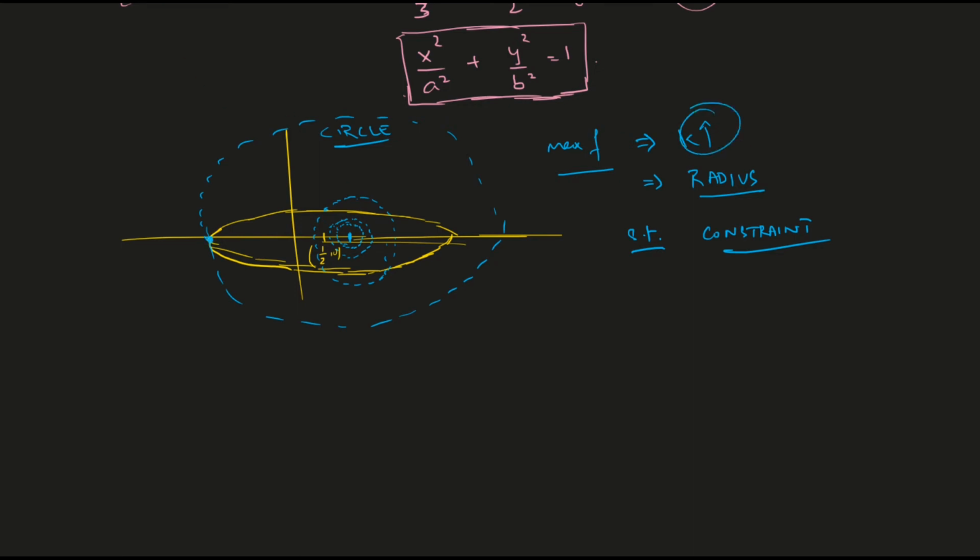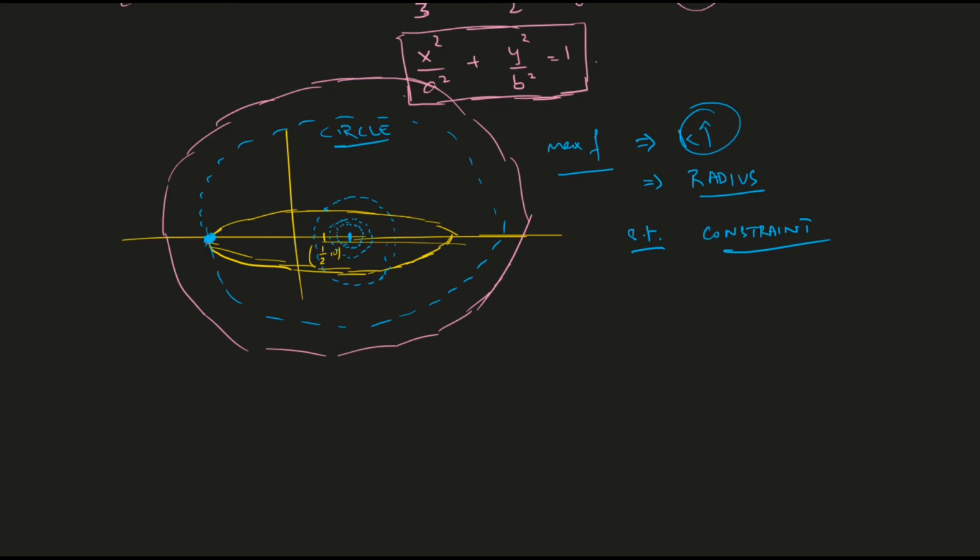Now if I were to take a circle that was much larger than this, it won't satisfy my given constraint. But for this blue circle, this point right here, this left edge, would still satisfy my given constraint. It is still on the boundary of the ellipse, and I also have the largest possible radius.